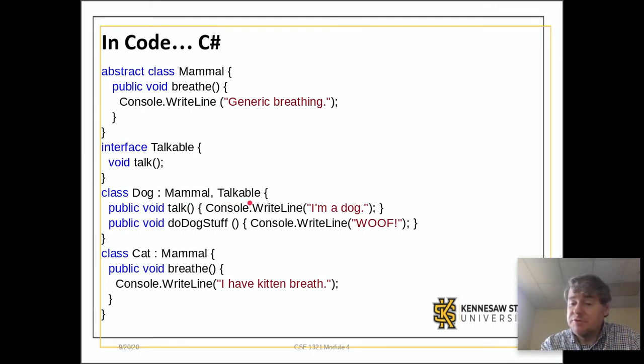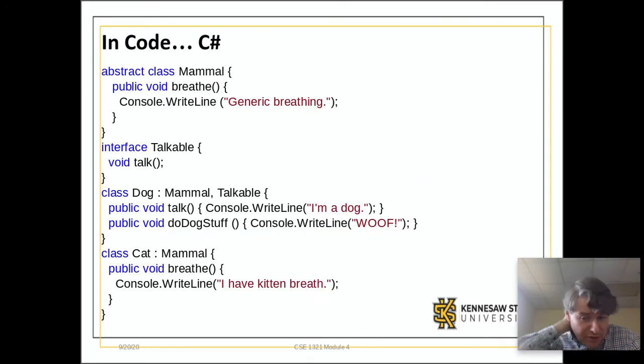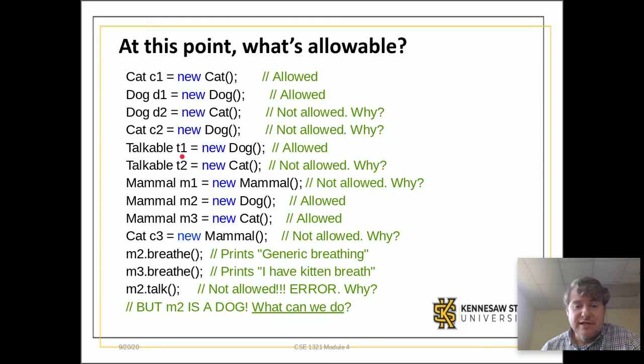So I can have an object of type talkable which has a dog running on it. So I have an object, which in this case is called T1, and T1 is allowed to have a dog instantiated on it because there is a relationship. It implemented the interface.